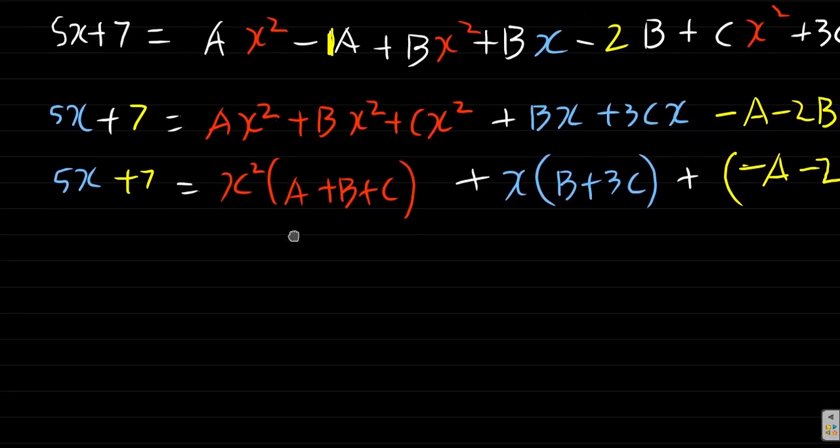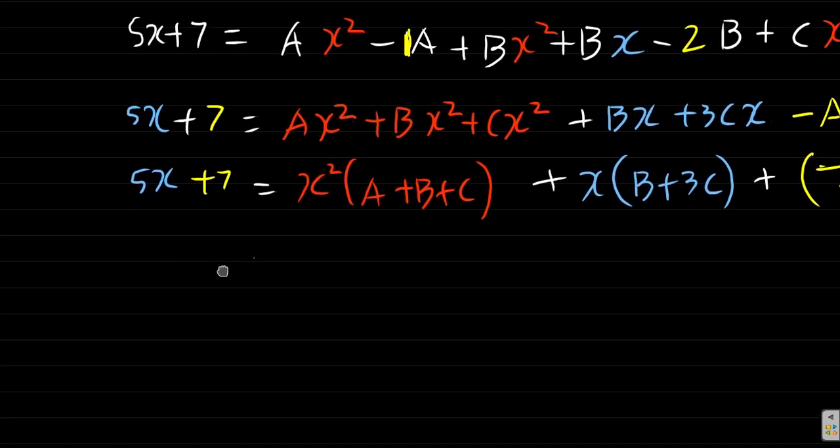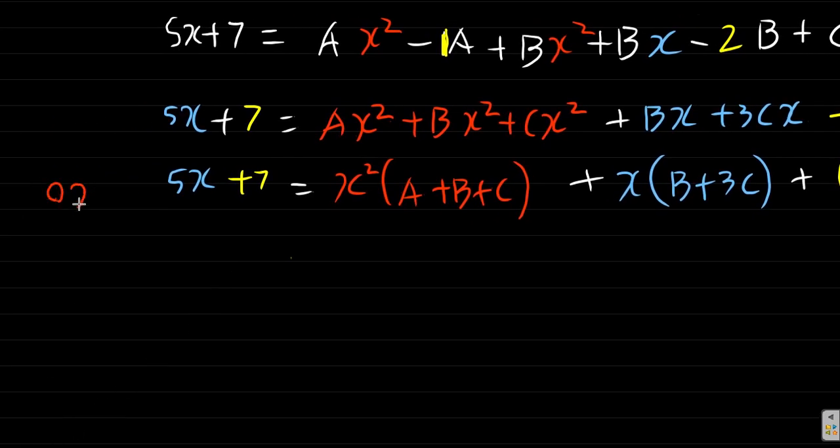Alright, so let's equate what we have on the left and on the right. We see here that x squared can be written on the left as 0x squared. So, comparing x squared and x squared, we can say that a plus b plus c is equal to 0.